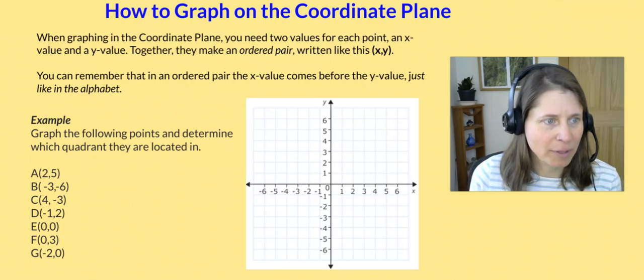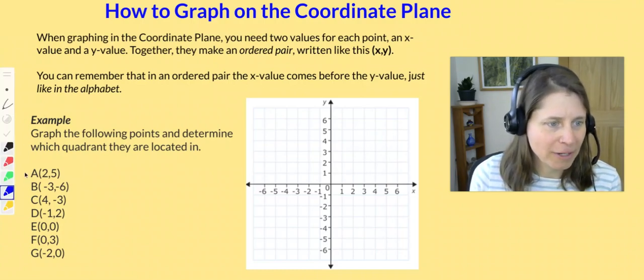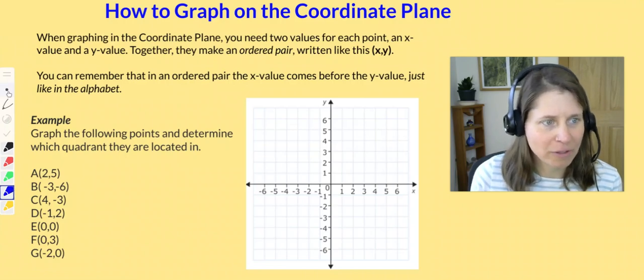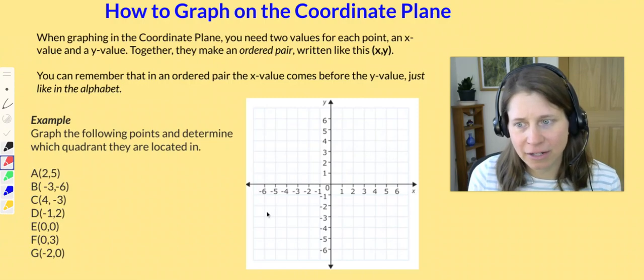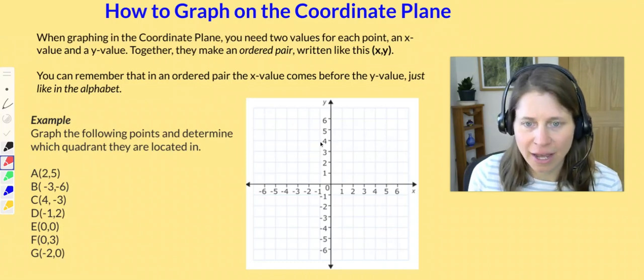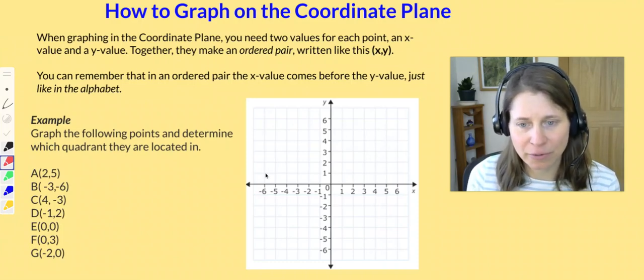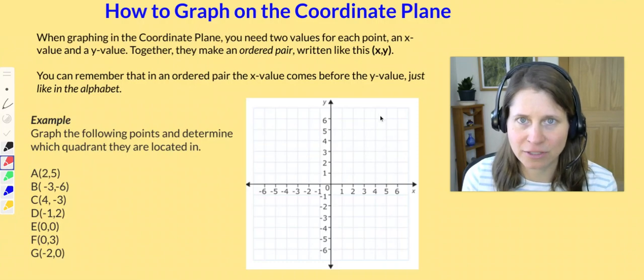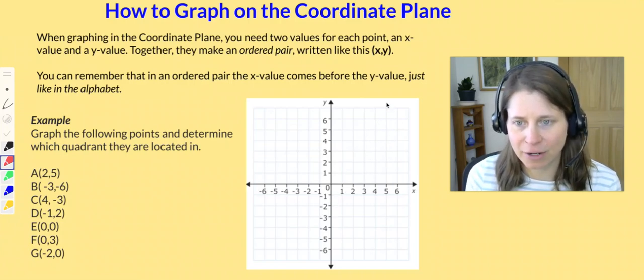And when we're graphing, we don't typically label the quadrants on here, okay? But I'm going to go ahead and do that for you now so you can see how we label the quadrants, so how we think of the quadrants. So we use Roman numerals to label the 4 quadrants, and we start with the upper right-hand quadrant.